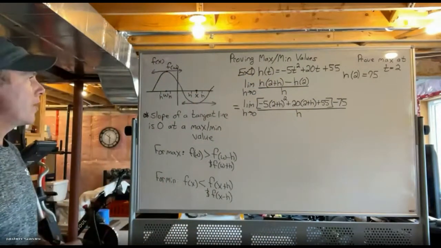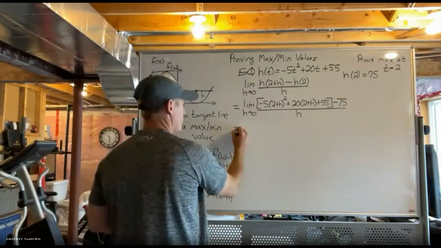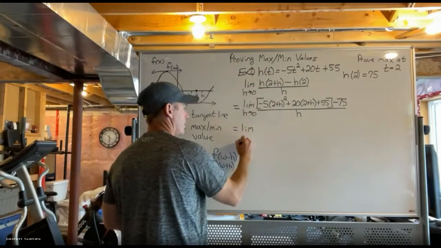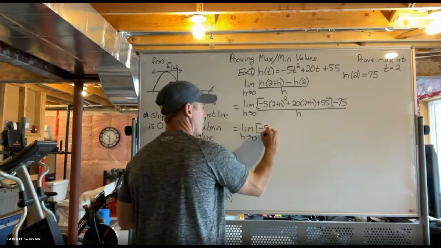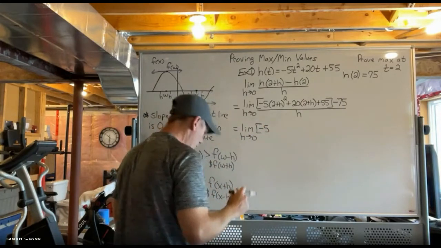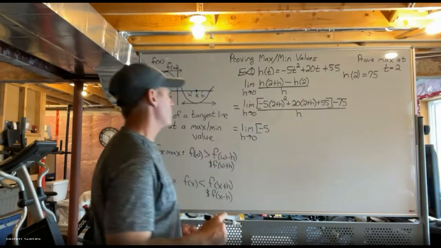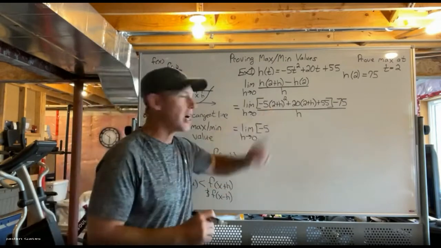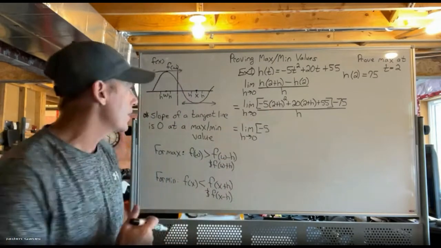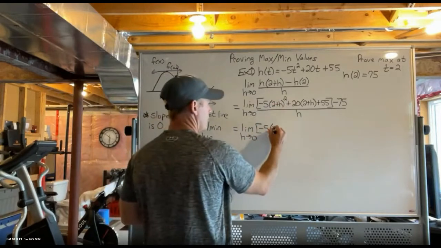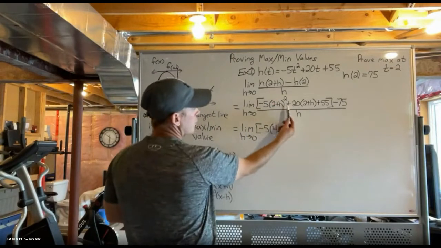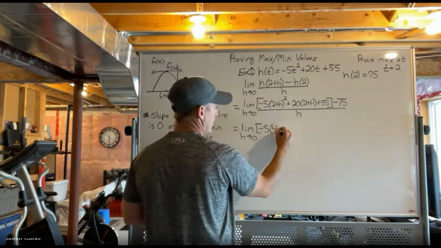Now that equals the limit as h approaches 0. I've got my square brackets here. Slow it down. I'm going to do my binomial squared again because I know people have issues with that. So I go 2 squared, that's 4. Then I go 2 times h times 2, that's a 4h.